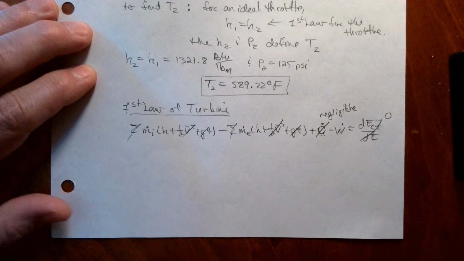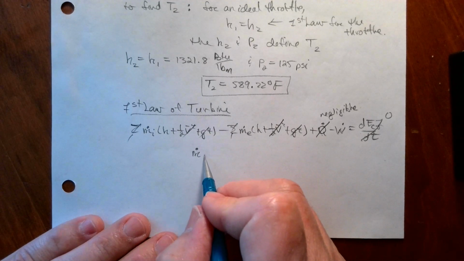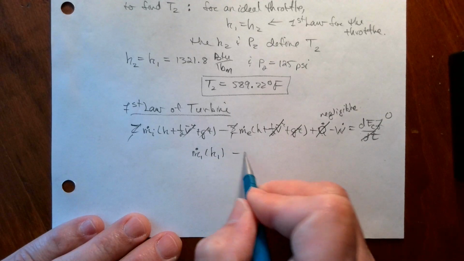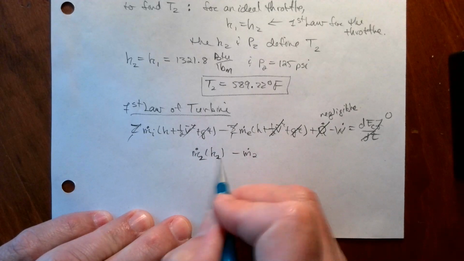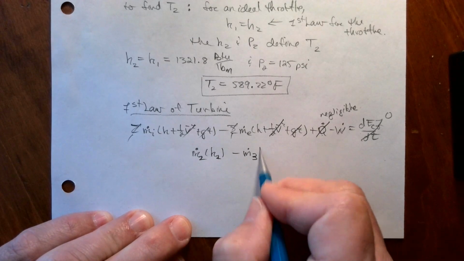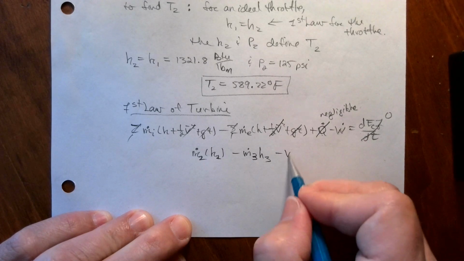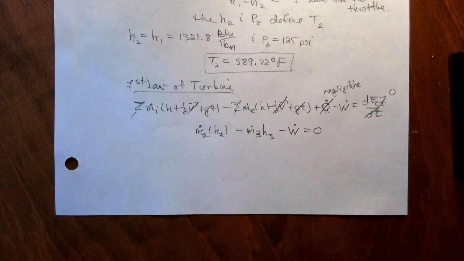There's one inlet and one exit. So m dot 1 h1 minus m dot at the exit, that's m dot 3 h3, minus w dot is equal to 0. That's all that's left in our energy balance.